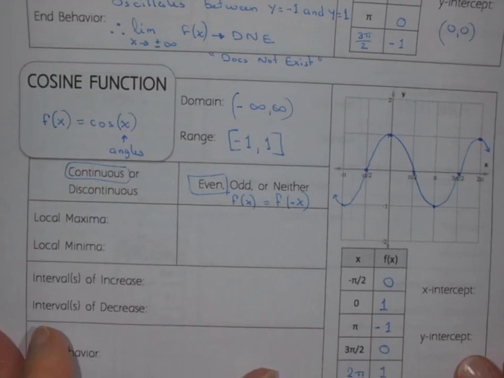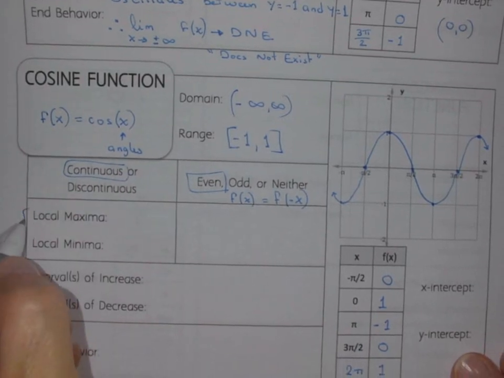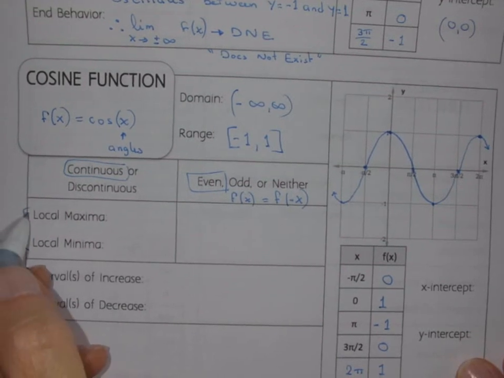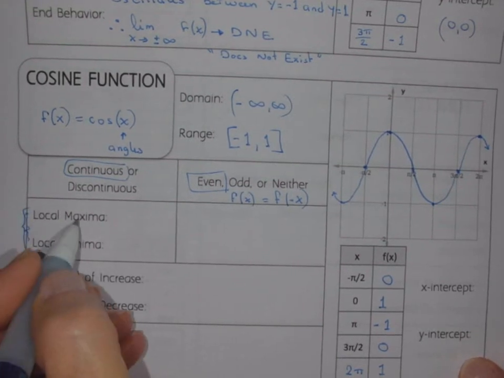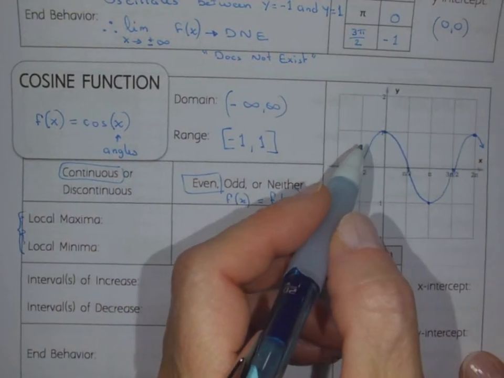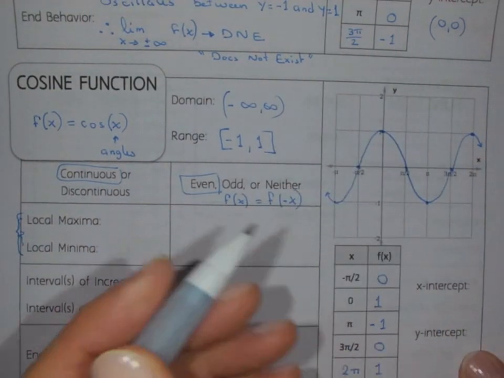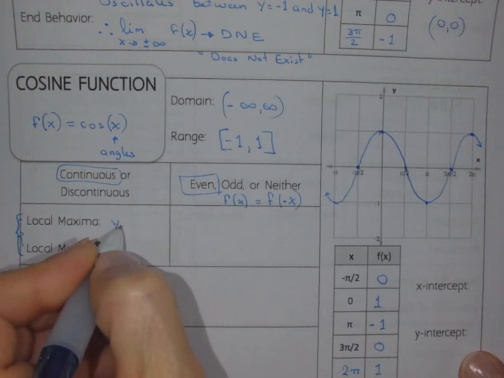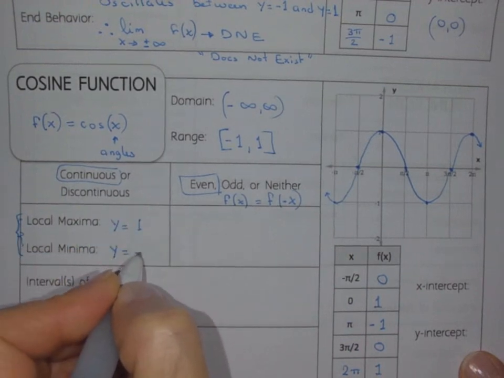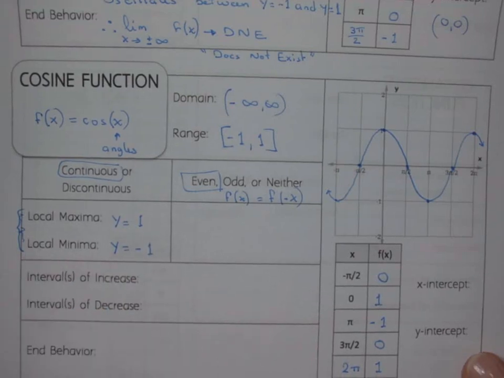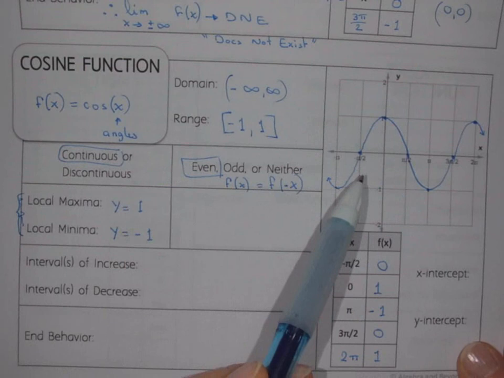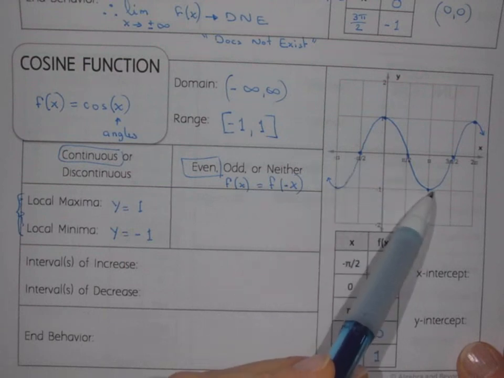And for the extrema, well, sorry, they're not the same, so I shouldn't do that. The local maxima, I have a lot of them location-wise, but the y value itself is only going to be y equals 1, right? And same for the minimum, y equals negative 1. Interval of increase, well, the function is going to be increasing, let's go from pi to 2 pi, right?